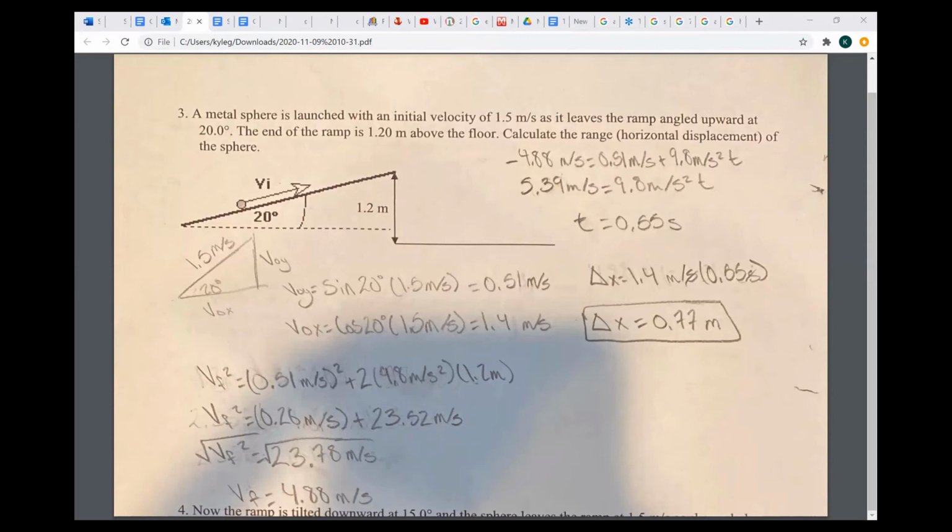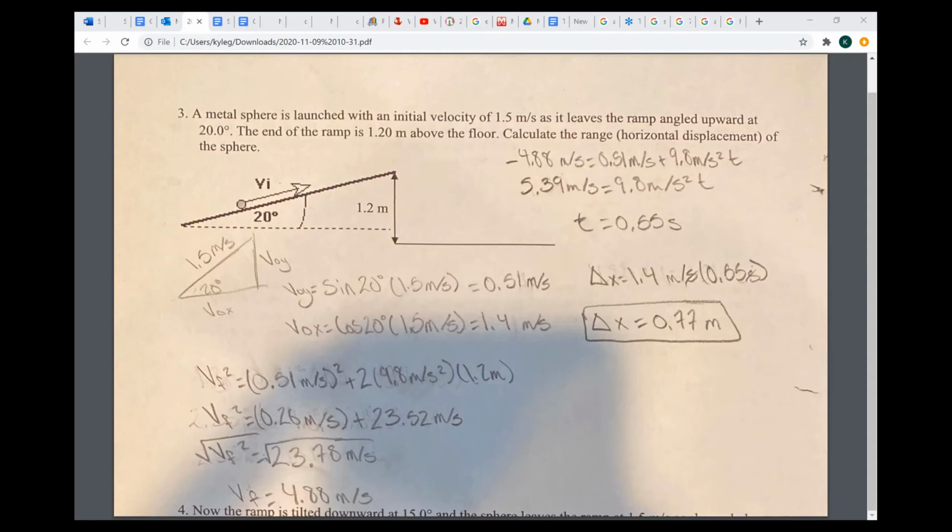And then we plugged that into the first kinematics equation to get the time that it took for the sphere to fall from the top of the ramp to the ground. Using that first kinematics equation, we got 0.55 seconds. I forgot to mention, we changed the final velocity to negative since it's falling downwards.